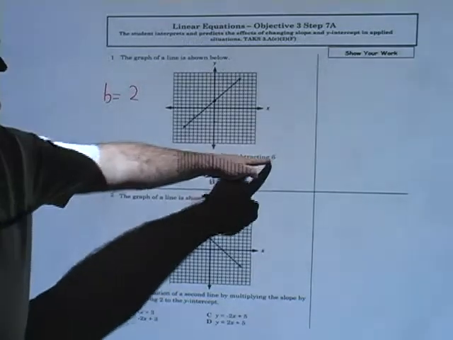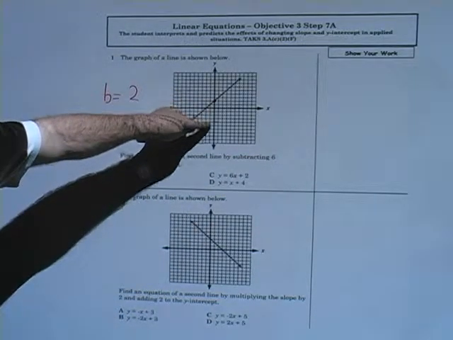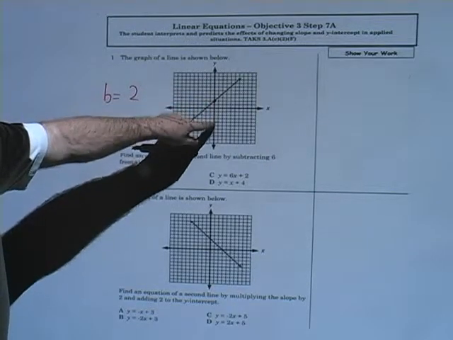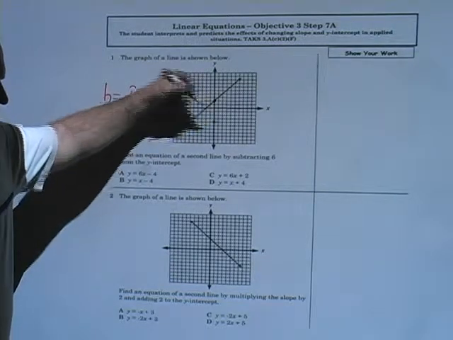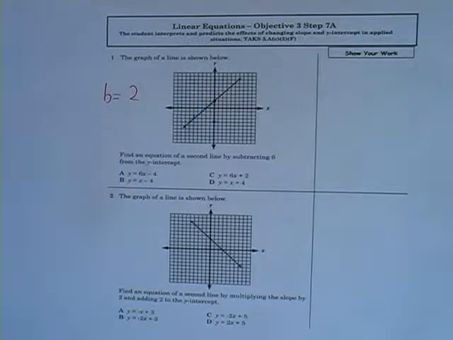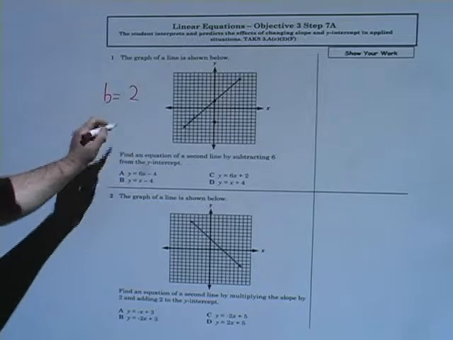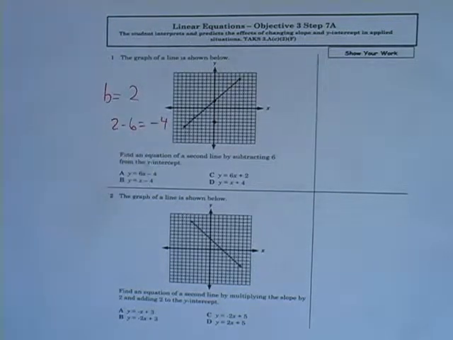And we want to subtract 6 from the y-intercept. In other words, we're going to move down 6. So 1, 2, 3, 4, 5, 6. Puts us at -4 right there. And you could have also said 2 minus 6 is -4.